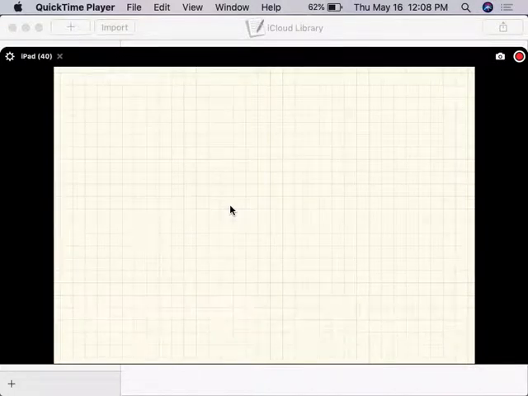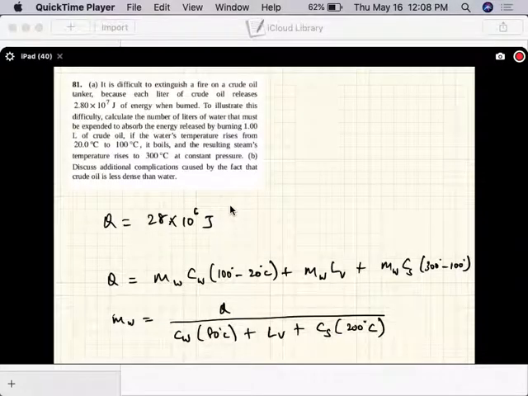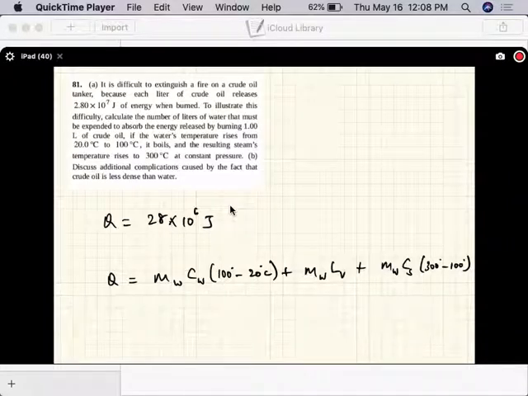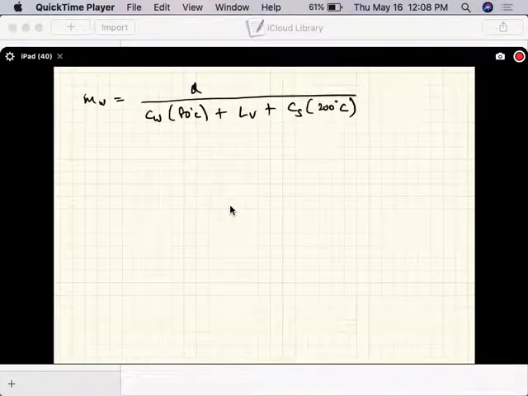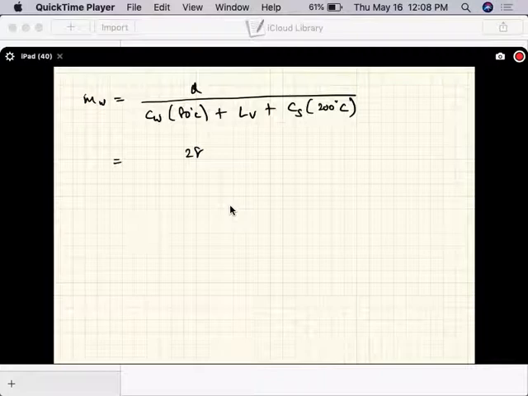All right, so let's do the numbers here now. Okay, how much heat do we have to dispose of? 28 million joules.